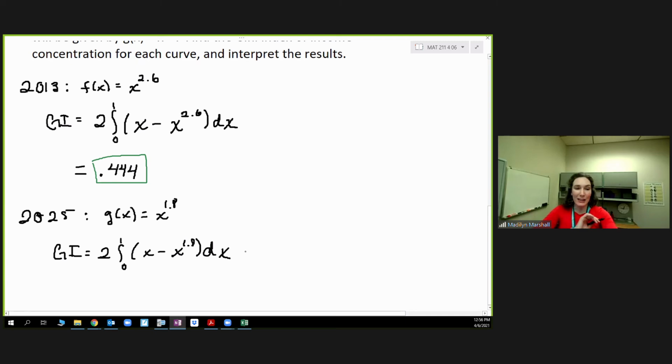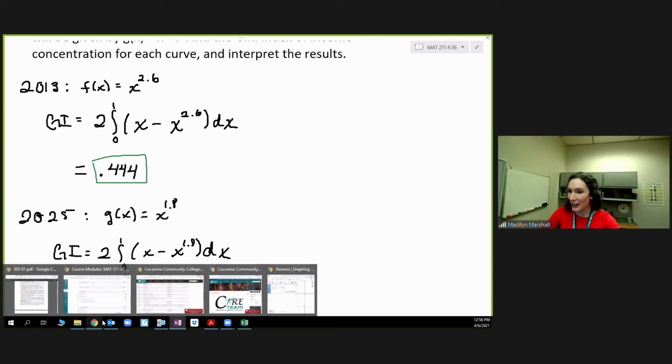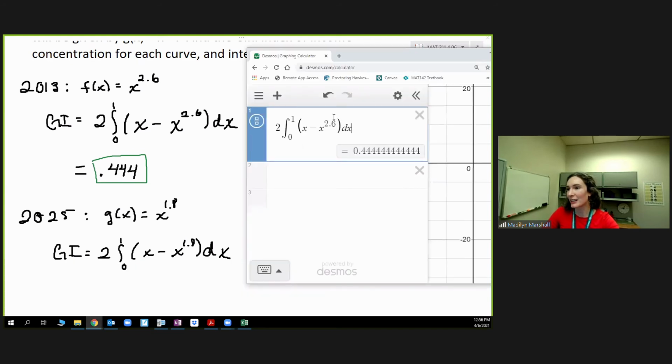And this is one of those times when I like Desmos because we already have a Gini index in there. So the only difference is this exponent. So instead of typing the whole thing back in, we can just change that one little thing. And we get 0.286.